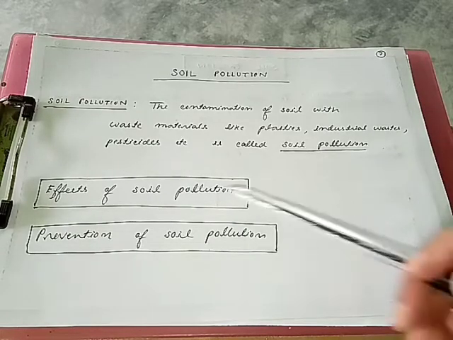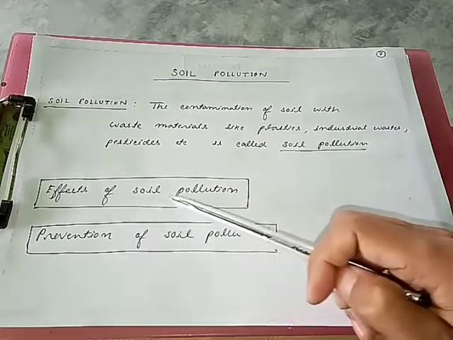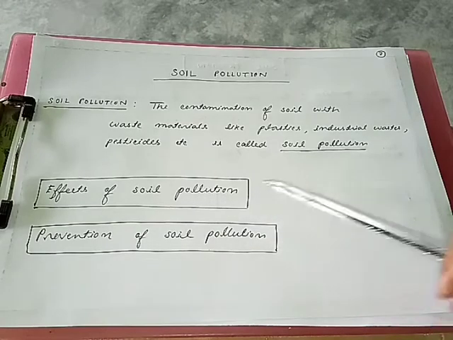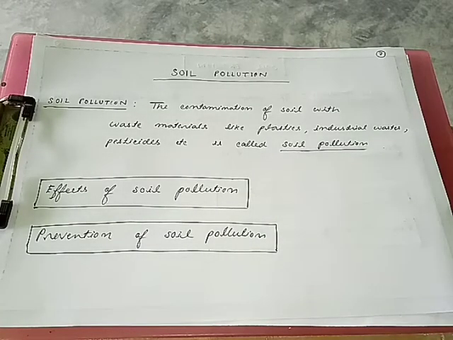Okay, now what are the effects of soil pollution? There are various effects of soil pollution. Okay, if we dump the plastics or polythenes in soil, it is causing harm to our environment and to many living organisms.